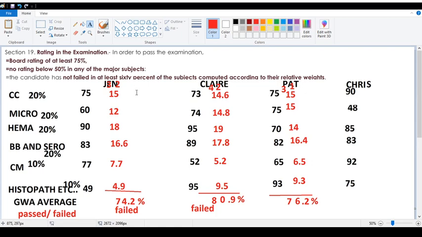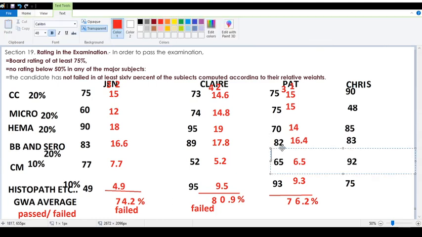For criteria number 3, the candidate has not failed in at least 60%. So, passed, passed, failed. So, 20%. He failed here, and he failed here also. But he passed on all of the other subjects.